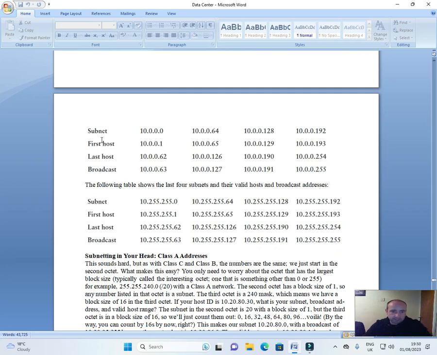Subnets: 10.0.0.0, 10.0.0.64, 10.0.0.128, 10.0.0.192. First hosts: 10.0.0.1, 10.0.0.65, 10.0.0.129, 10.0.0.193.